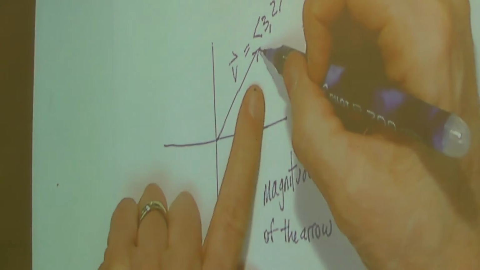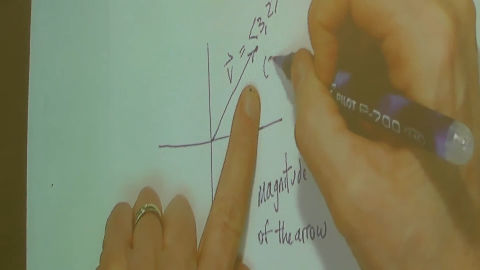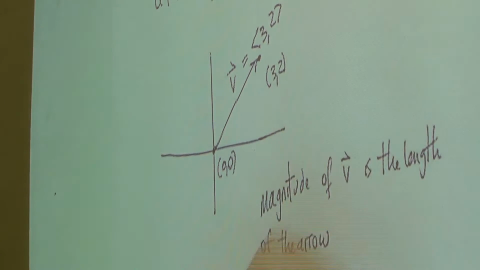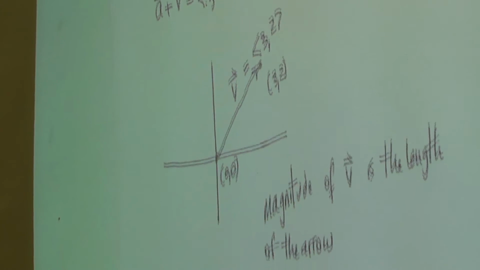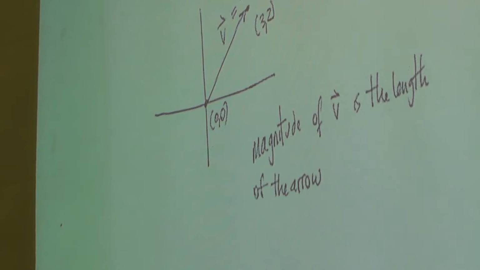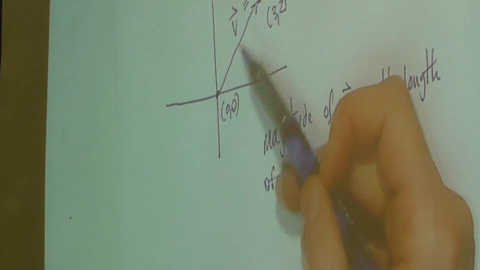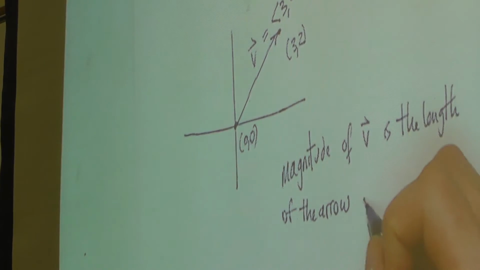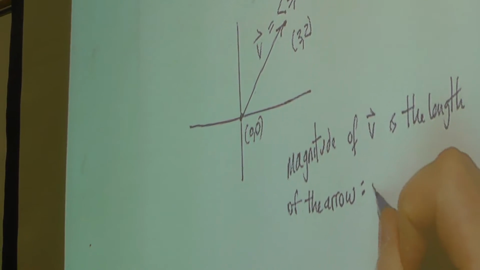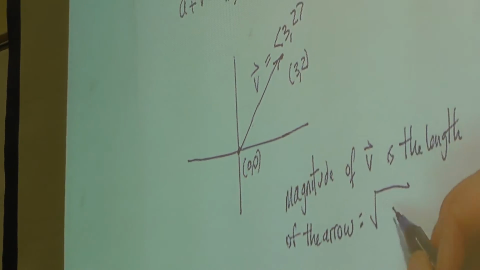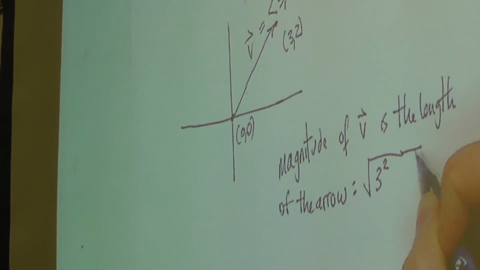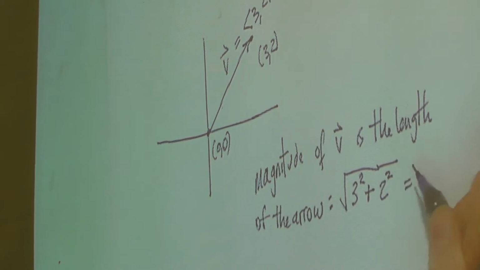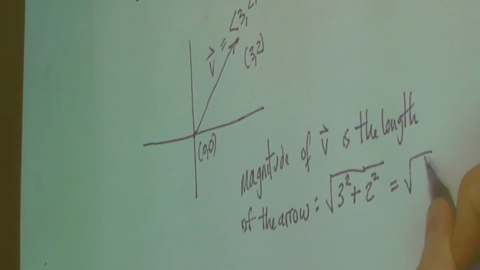Well, this point right here is the point 3, 2, and this point right here is 0, 0. It's very easy for me, using the distance formula, to get the magnitude. It's that length. So what that would be is square root of 3 minus 0 squared plus 2 minus 0 squared. So square root of 13.